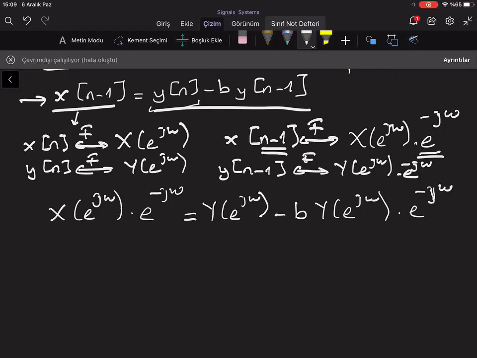I hope you understand this part. It's easy. I just wrote the Fourier transform of this part, the Fourier transform of this, and the Fourier transform of this, and multiplied by b here. So this is the relationship in the frequency domain.